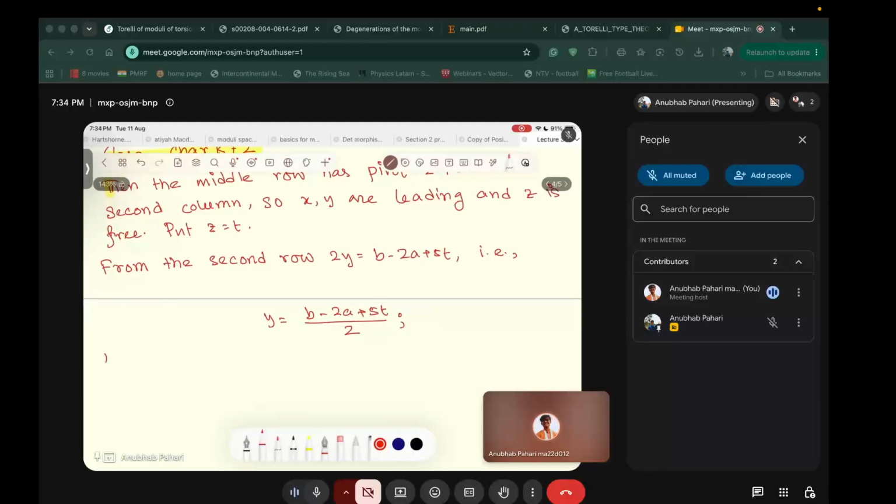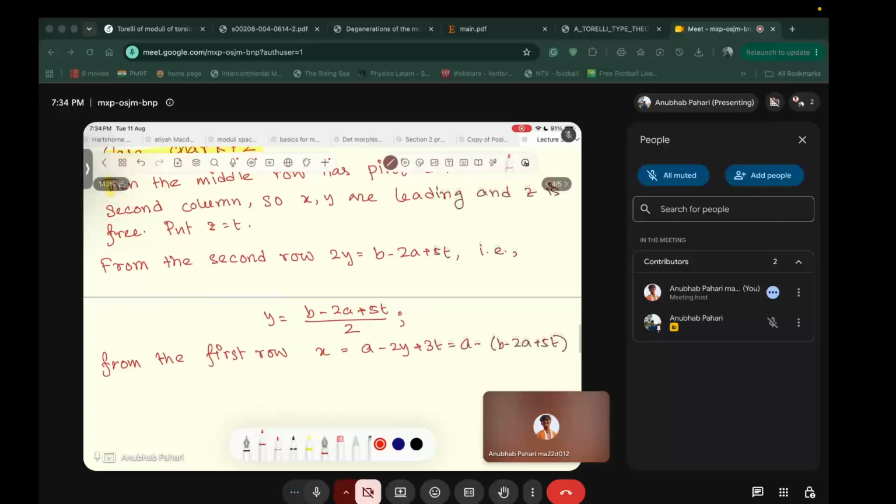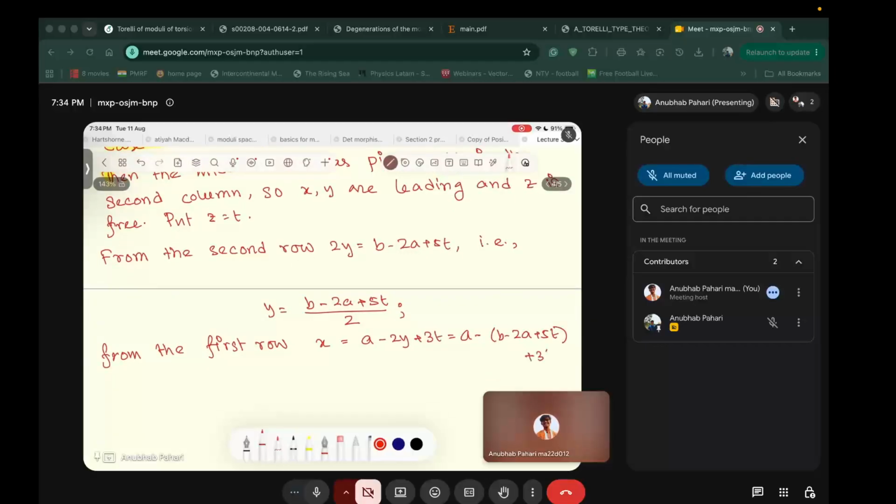And from the first row, x equals a minus 2y plus 3t, which equals a minus b minus 2a plus 5t plus 3t, which equals 3a minus b minus 2t.